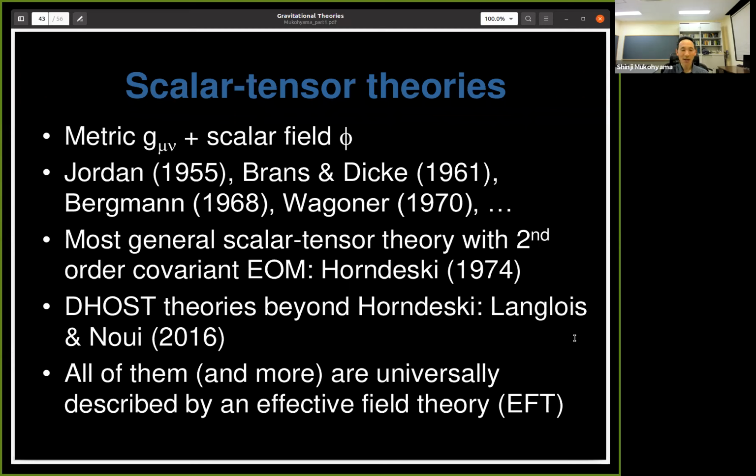And this is very general and very nice. All of them can be described by effective field theory, at least at low energy. Not high energy, but at low energy, we can universally describe all of them. This is the strength of the effective field theory. Some theories may be applicable at high energy. This EFT applies only at low energy, but it is completely universal.